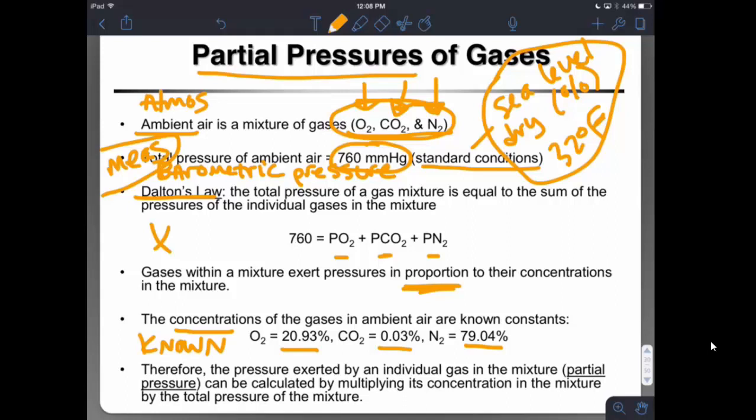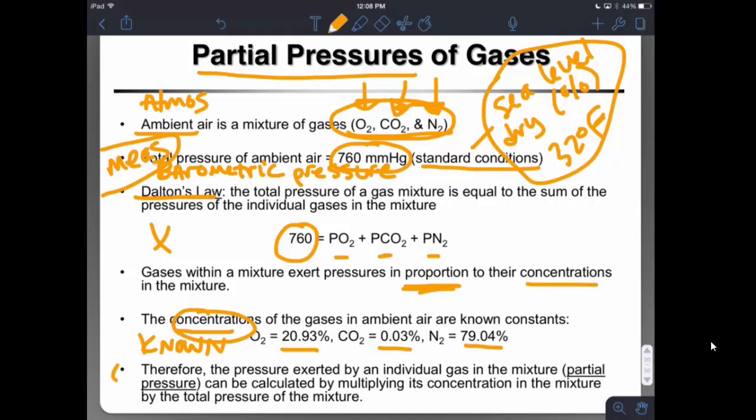All right. So if we can measure the total pressure, and we know that gases exert pressures in proportion to their concentrations, and we know their concentrations, then we can easily calculate their partial pressures in that mixture.